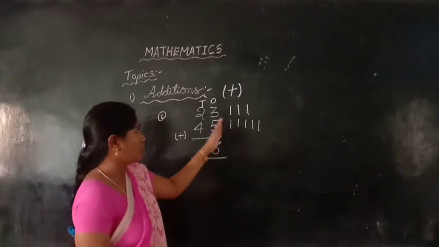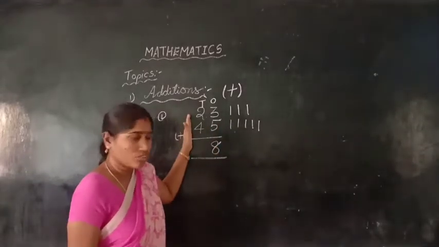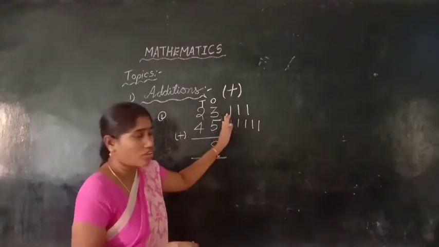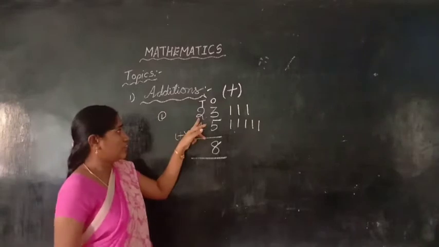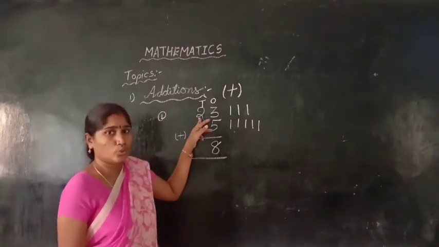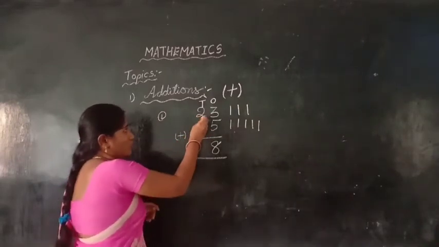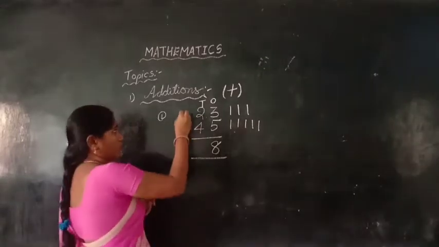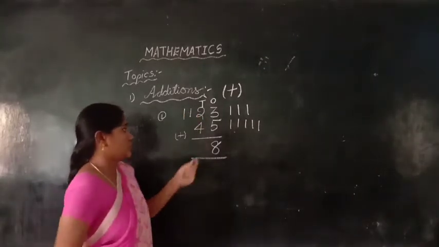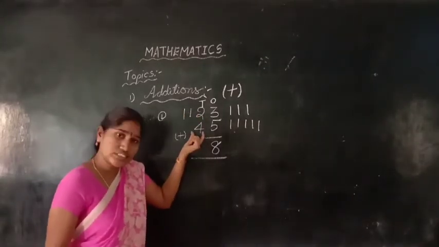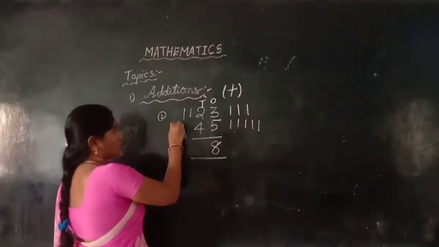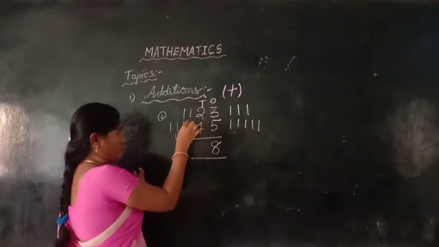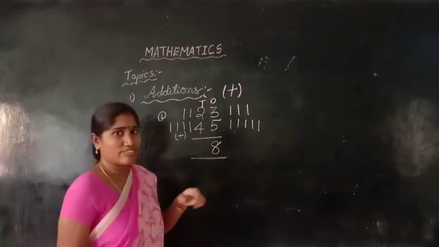Next, come to the tens digit. Ones digit finished. Now we will do the tens digit. See here children, which is this? 2. So we will take 2 dots only. 1, 2. Next, see here children, what is this number? 4. Now we will take 4 dots. 1, 2, 3, 4. Okay, taking dots is finished.